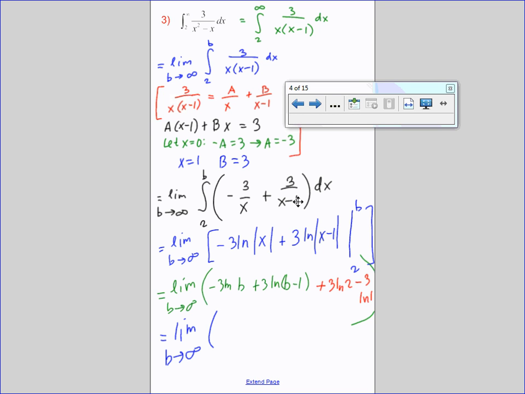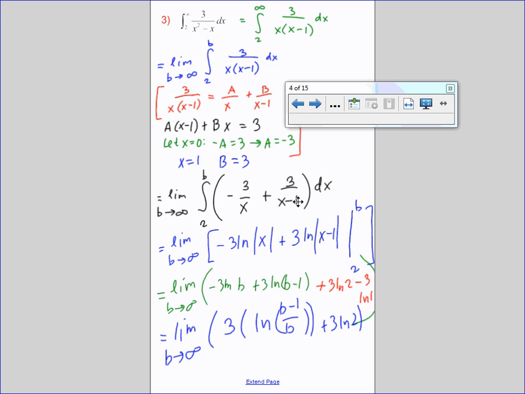Really, this is 3 ln of b minus 1 over b plus 3 ln 2.